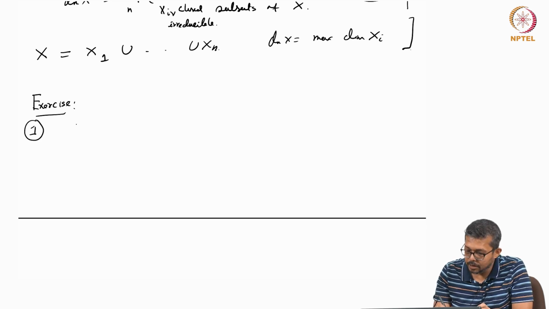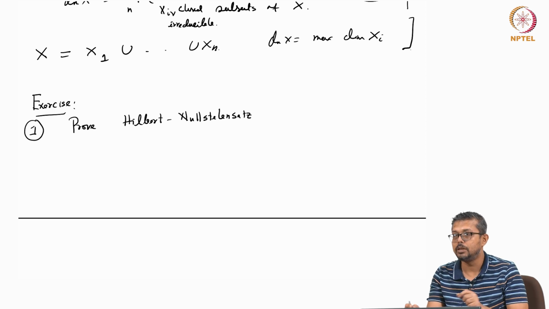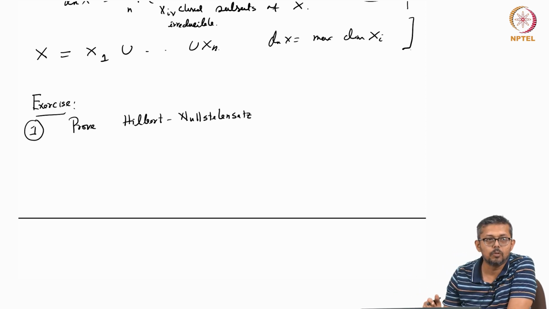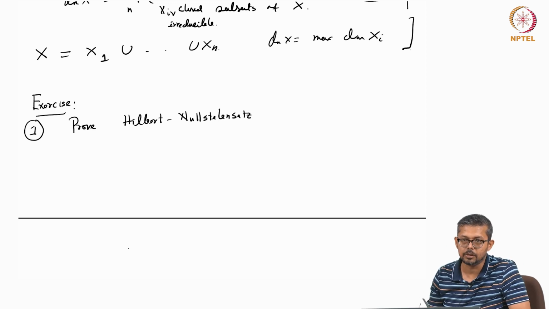Basically, the exercise is to prove the Hilbert Nullstellensatz for projective varieties. As you remember, when we proved the Nullstellensatz, it had many steps, weak and strong. Similarly here you have a weak version and a strong version.